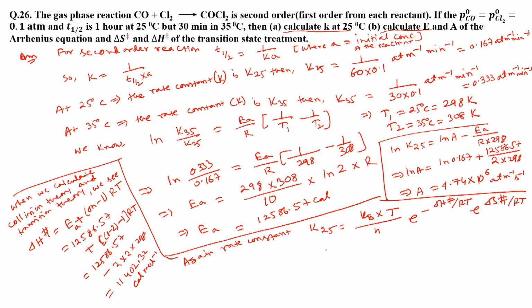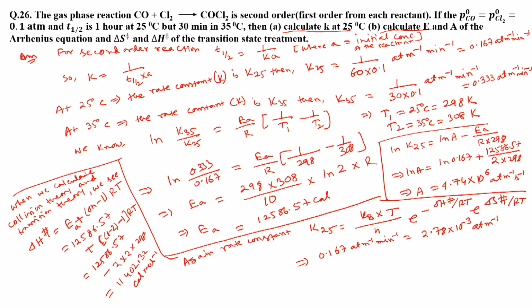Now, if we substitute the value of k25, which is 0.167 atmosphere inverse minute inverse, we also need to use the value of kBT. If we convert this into atmosphere inverse second inverse, we get 2.78 times 10 to the minus 3.